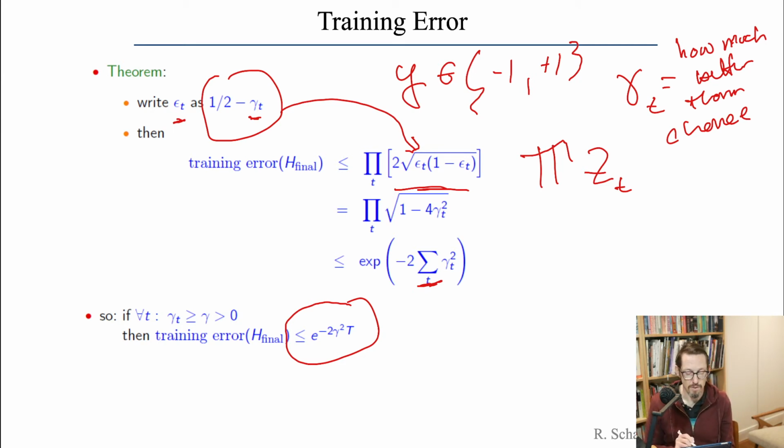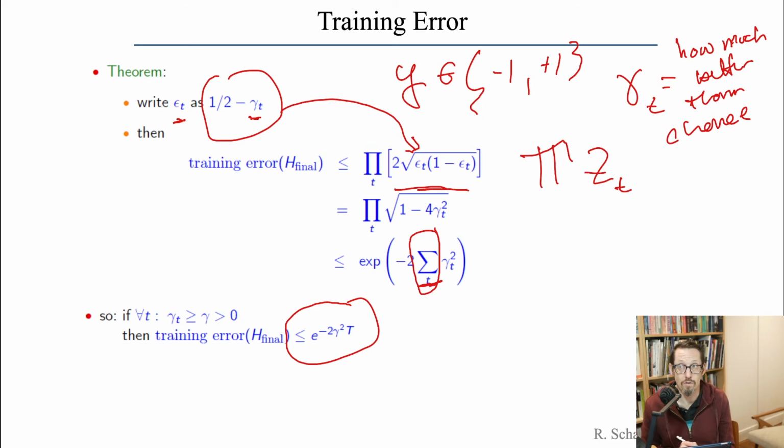And this gamma here is how much better than chance we are doing. As long as that gamma is greater than 0, as long as we are doing better than chance by even a tiny amount, adding more classifiers gets this summation going further and further.